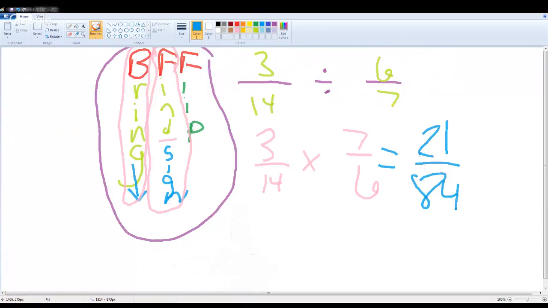Okay. Anyway, so 21 over 84. Able to reduce this? Can you reduce this by 21? 21 times 2, no, I don't know.